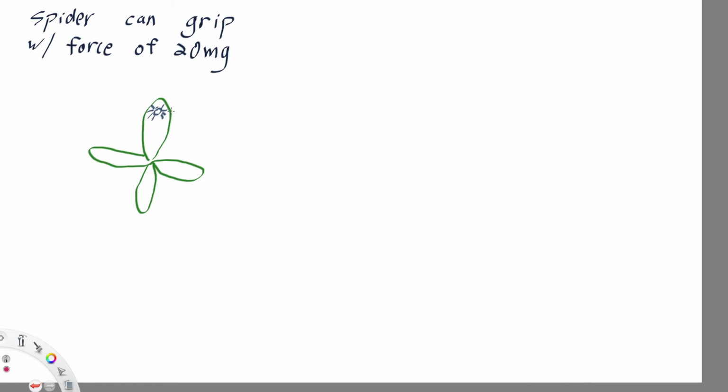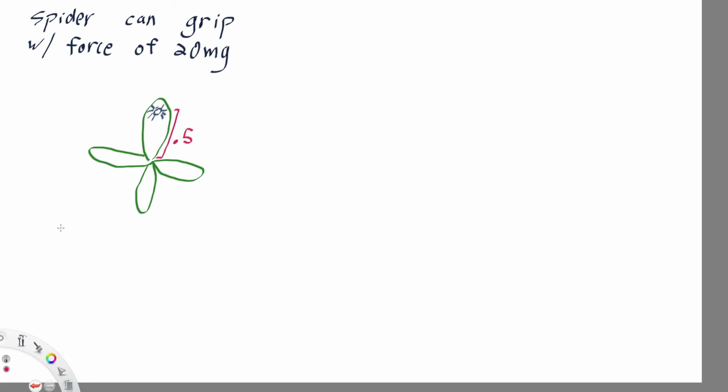So we have a spider on a ceiling fan. Spider is half a meter from the center of the ceiling fan. You go to turn on the ceiling fan, and because the spider can grip really well, it doesn't fall off right away.